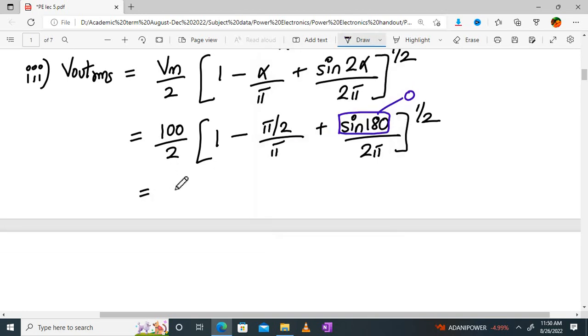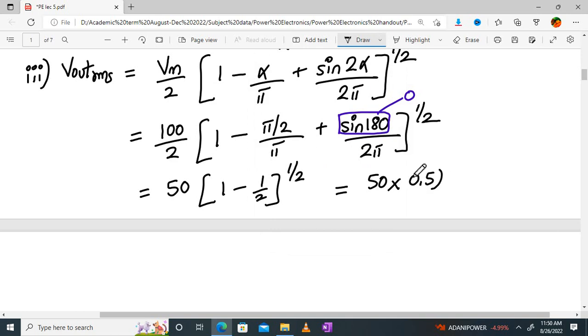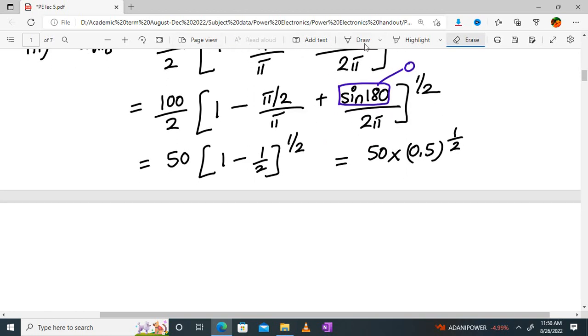What will be the answer? This will be 50 into 1 minus half, right? The pi and pi will get cancelled, the whole raised to half. That will be 50 into 0.5 raised to half. How much is that? 35.35, yeah, correct.